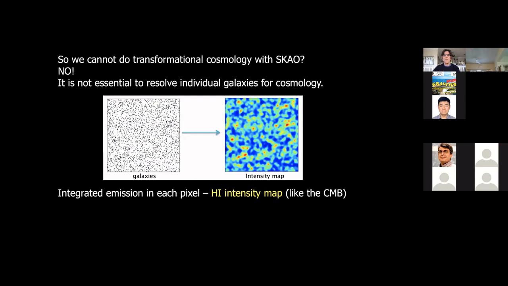So if we give up the need to resolve individual galaxies and we simply measure the integrated 21 centimeter emission in each pixel, then we create, instead of a map of individual galaxies, which takes a huge amount of time to develop, in a quick time, in principle, a map of the large scale fluctuations across the pixels, something like the CMB, but it's like the CMB at a redshift, which you can choose according to the frequency of your receiver.